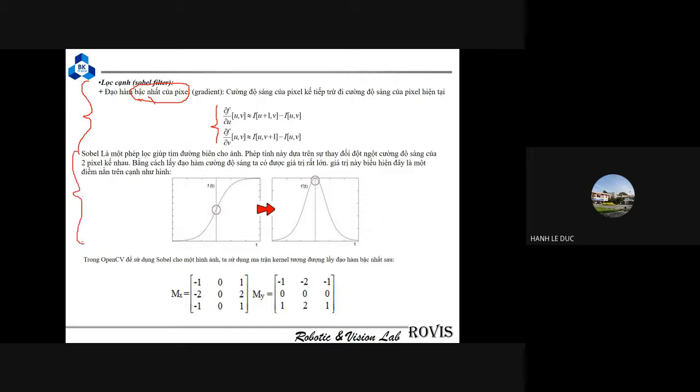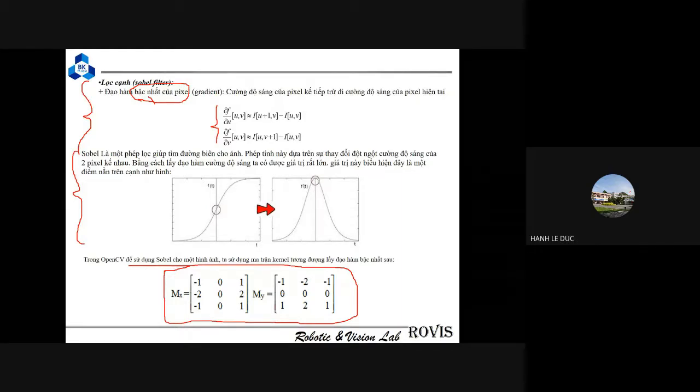Up to this step, I think you should just accept the equation. Later, maybe next week, I will explain more clearly why the kernel of the Sobel filter is this one. For now, just accept the kernel.